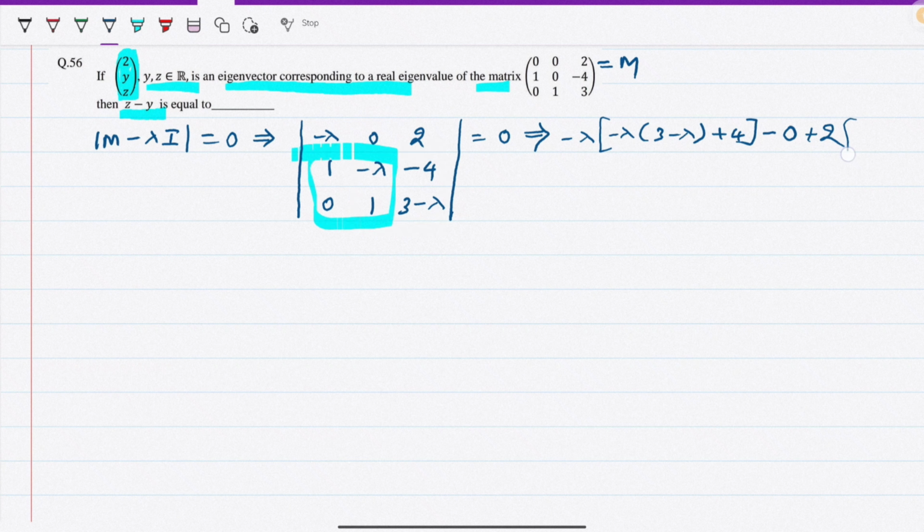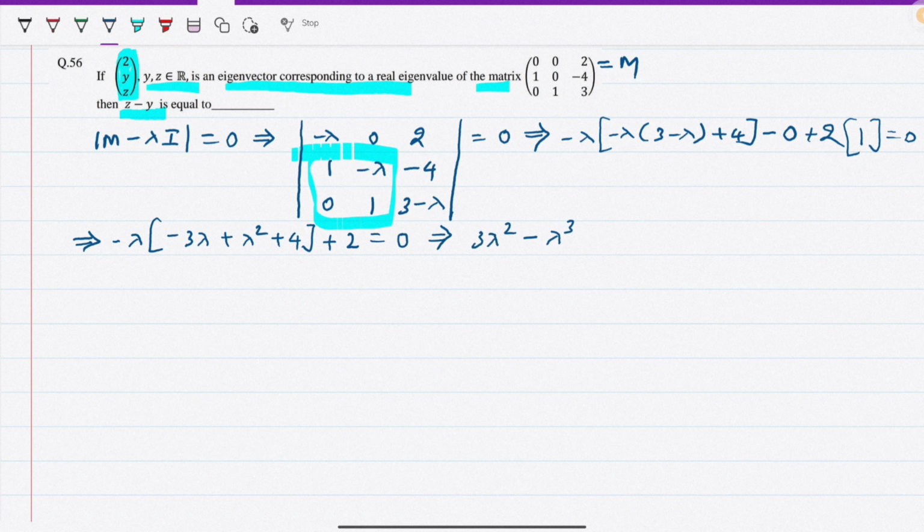So the determinant is 1 minus 0, that's 1, and this should be equal to 0. Simplifying the expression on the left, we get negative lambda times negative 3 lambda plus lambda square plus 4, plus 2 is equal to 0. We'll multiply the bracket by negative lambda and we get 3 lambda square minus lambda cube minus 4 lambda plus 2 is equal to 0.